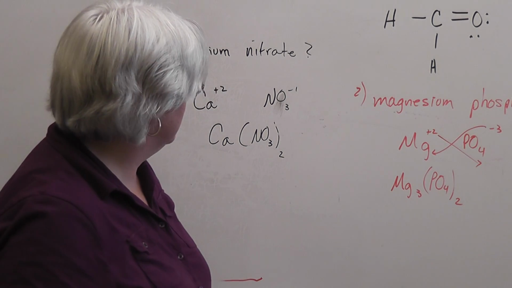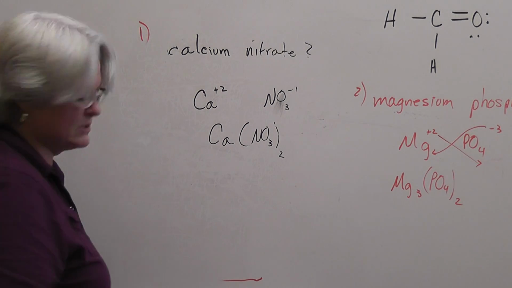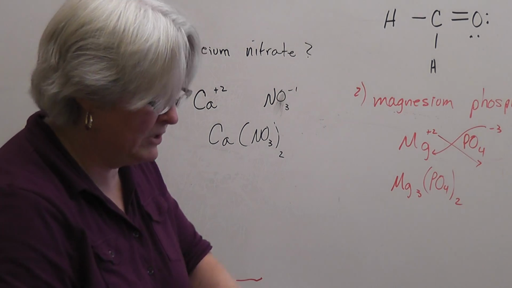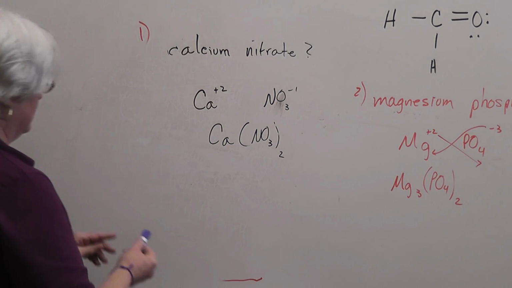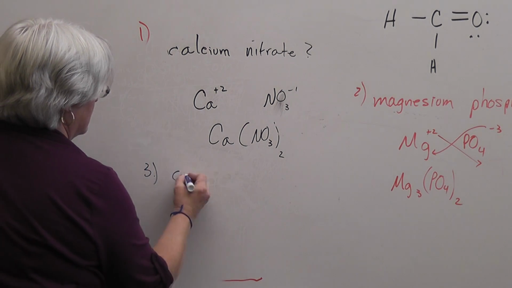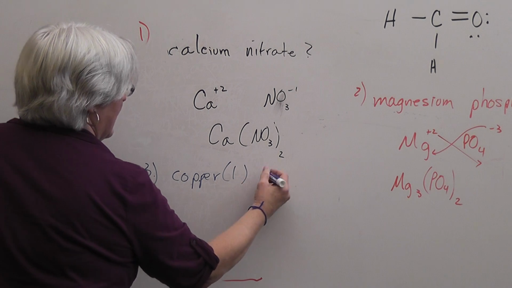Now, this is still example number 1. What is the chemical formula for copper acetate? Let me use this different color here. We want to do copper acetate. Copper 1 acetate.